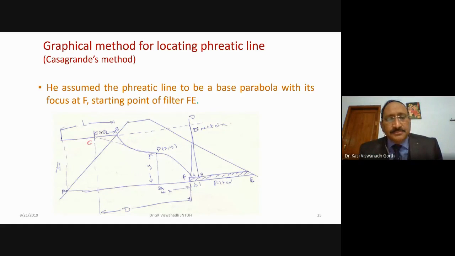The base parabola moves towards the focus F along these dotted lines from C, and this is also the seepage line.